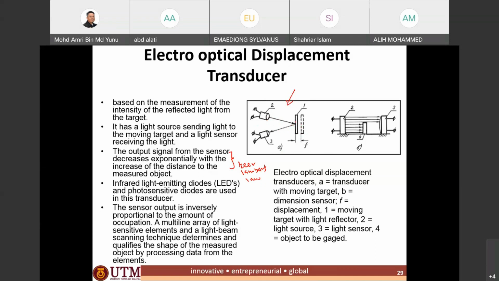So the output has an inverse exponential relation, decreasing exponentially with the path of the optical signal.